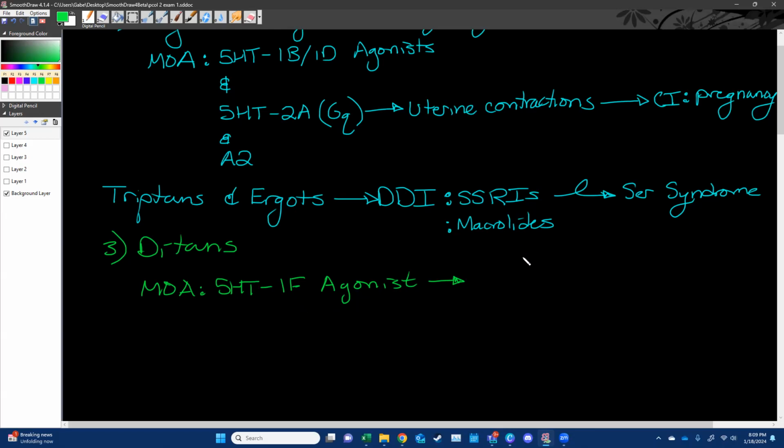So again, where the trigeminal nerve is doing its thing, and so it reduces trigeminal nerve neurotransmitter release. So ultimately, what's going on here is that you are decreasing CGRP.